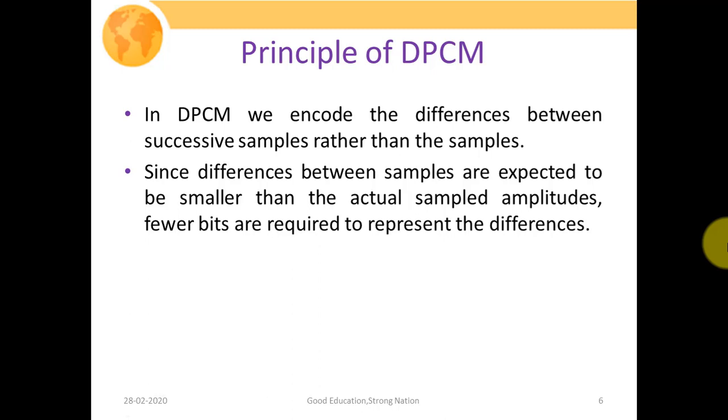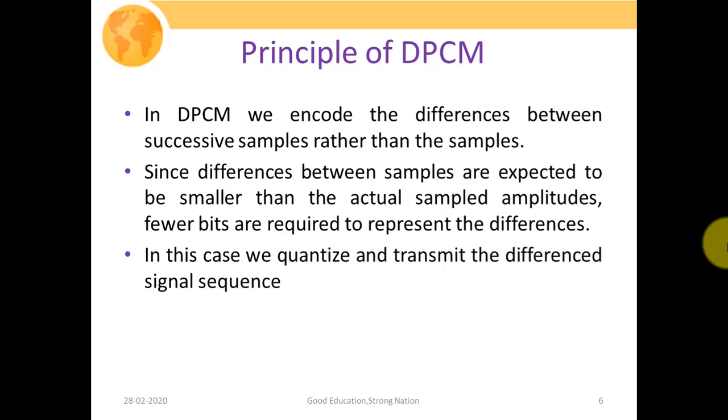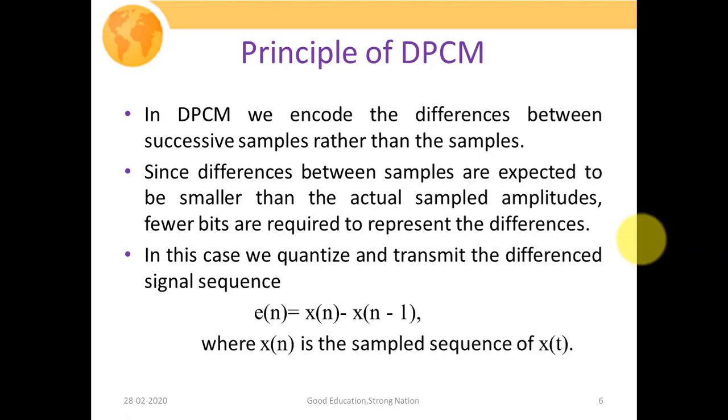Obviously, this is compared to encoding individual sample values versus encoding the difference between two contiguous sample values. In this case, we can quantize and transmit the differenced signal sequence. Here En represents the difference value in the signals. Xn and Xn minus 1 are neighboring sampled values of our signal Xt.